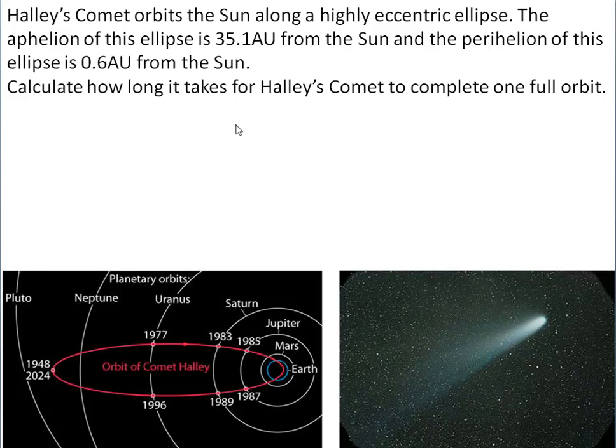This is a different type of problem using Kepler's third law. So as I stated at the beginning of this video, we can apply Kepler's third law for any object, including something kind of crazy like this, Halley's Comet. Look at this picture down here. There's the Earth's orbit, Mars, Jupiter, Saturn, Uranus, Neptune.